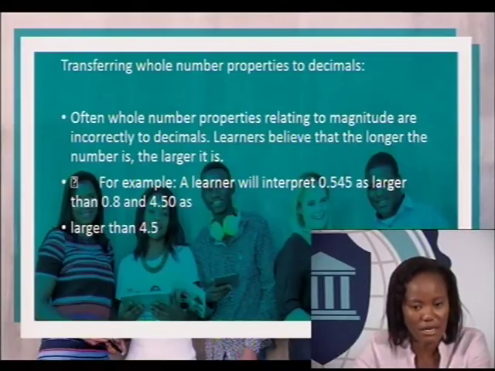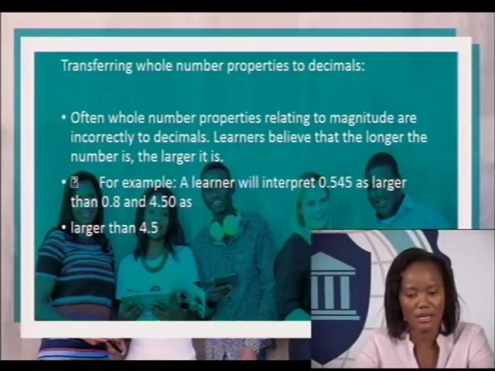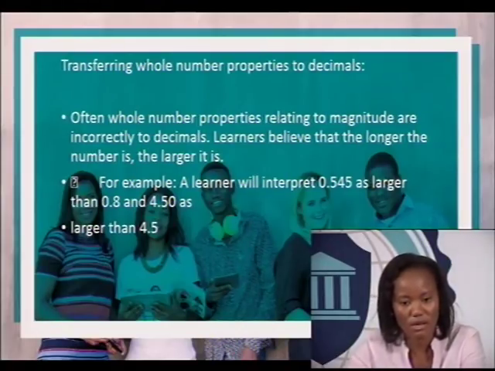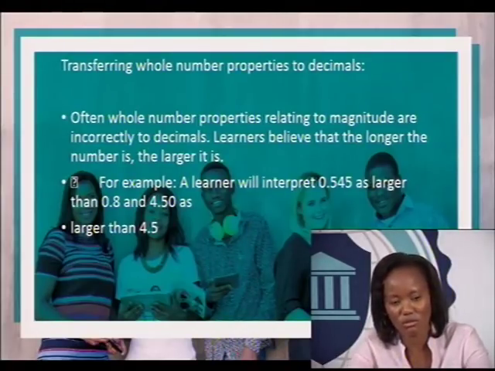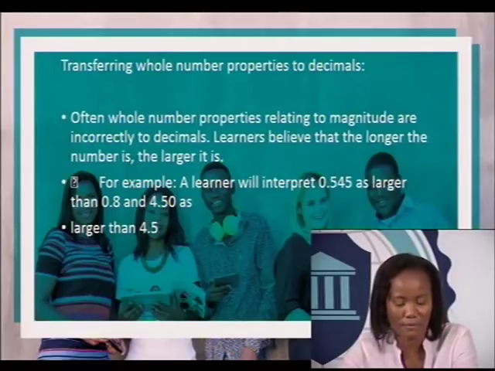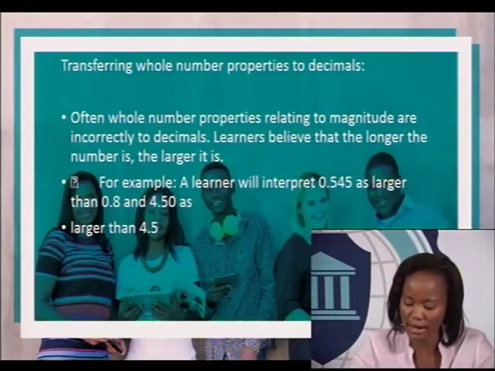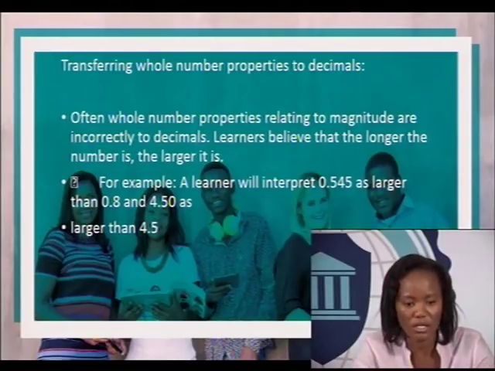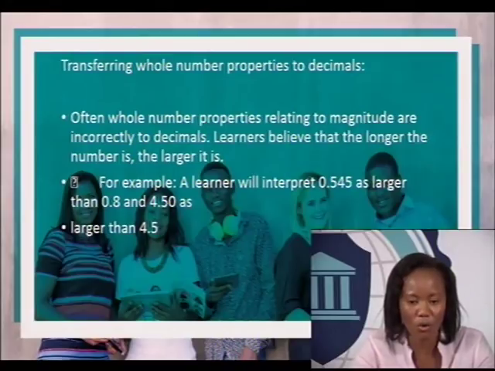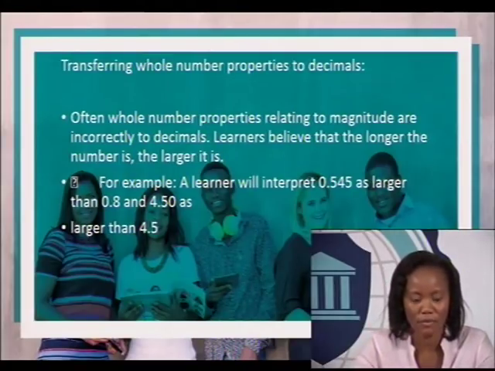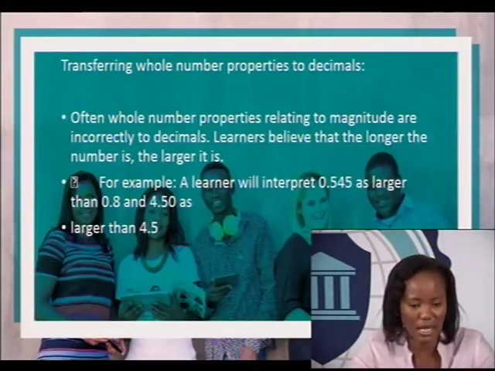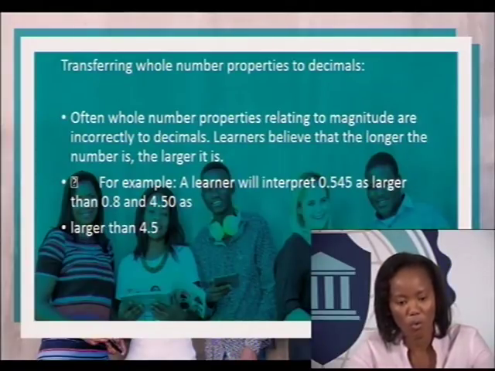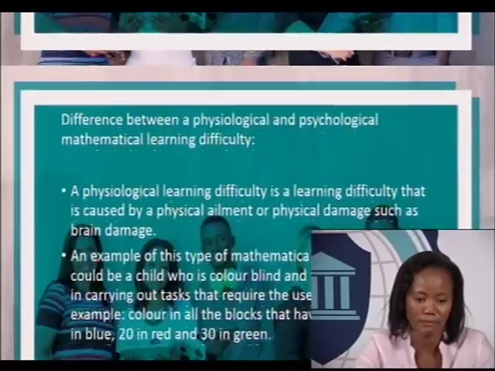So learners have this misunderstanding. When transferring the whole number property, if you give them 0.999 and you give them 0.9, they will tell you that 0.999 is larger than 0.9. So we need to go around as to how to avoid learners making these mistakes, as to how we can help them overcome this difficulty.